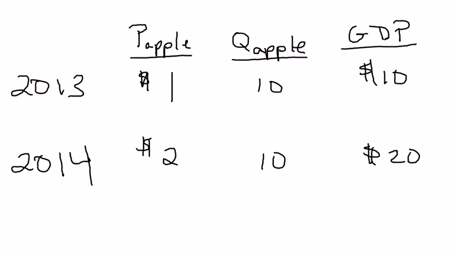So it looks like, if we just look at the dollar value of apples that are bought and sold, the size of the economy has doubled. But that's not correct, because in each year we've produced exactly 10 apples. So our measure of GDP should be exactly the same for both years.